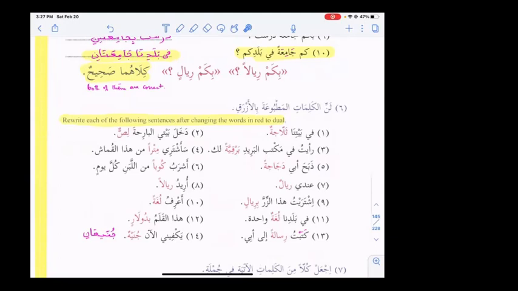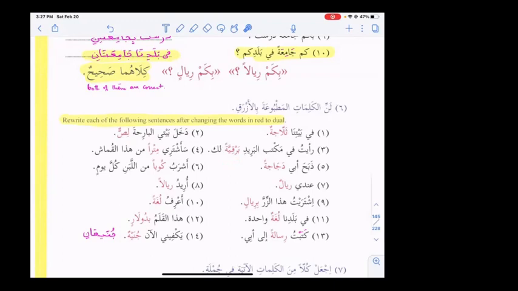Raitu fil maktabi barid barkiyatan laka. I saw in the post office a telegram for you. So make it dual: barkiyataini.